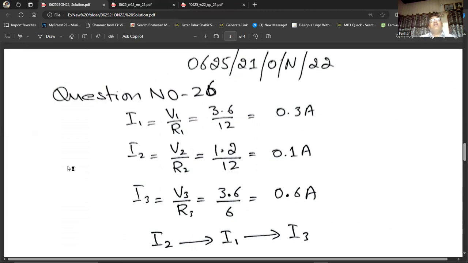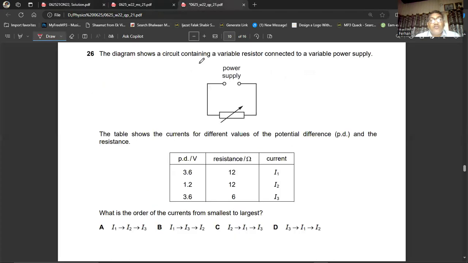And I3 will be equal to V3 divided by R3, that is 3.6 divided by 6, and that is 0.6 ampere. So the smallest one is I2, then I1, and the largest one is I3. I2, I1, I3.